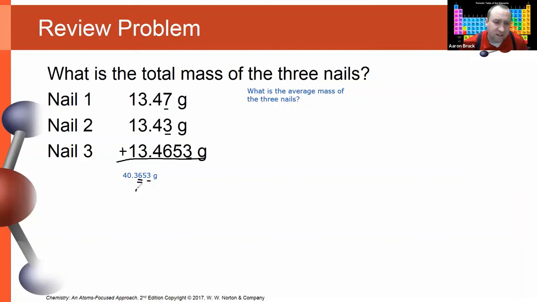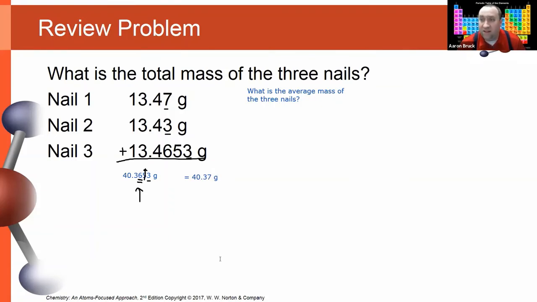Keeping with my weakest link principle, I'm going to round that 6 either up or down. Since 5 is next to it, I'm going to round it up. And so my value here is actually going to be 40.37 grams. That is going to be what I record as the total mass of those 3 nails.